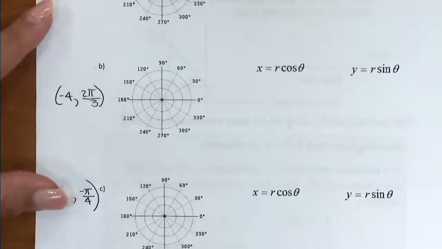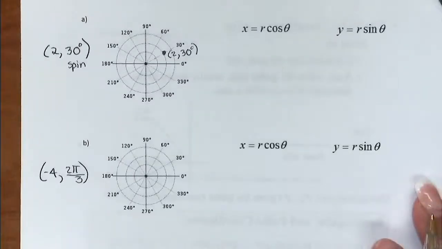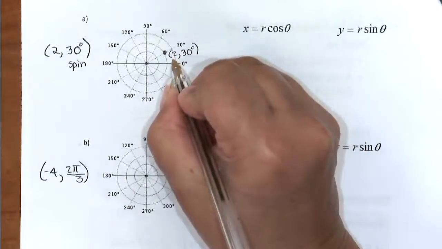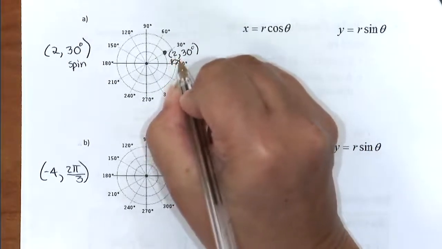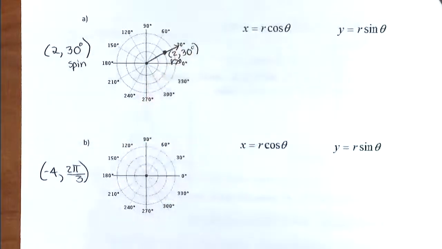Okay, this one, I chose this so that I could teach you what you're supposed to do when they give you a negative r. So let me show you on this one. You have me doing this twice. You see how when the r value right here was positive, I rolled to 30 degrees and then moved out 2 notches on that actual arm?